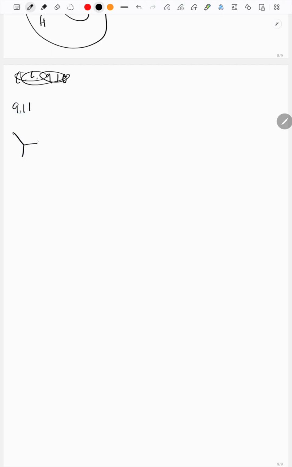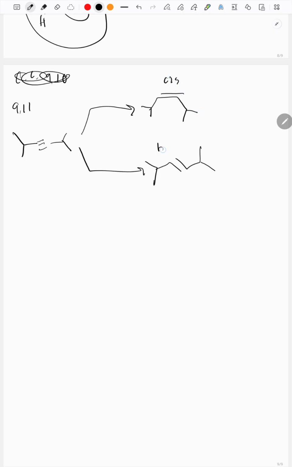So what will we do to make this into that? And what will we use to do this? Well, this is cis, this is trans. So we know for cis it will use H2. And what we'll use? H2 and Lindlar's.